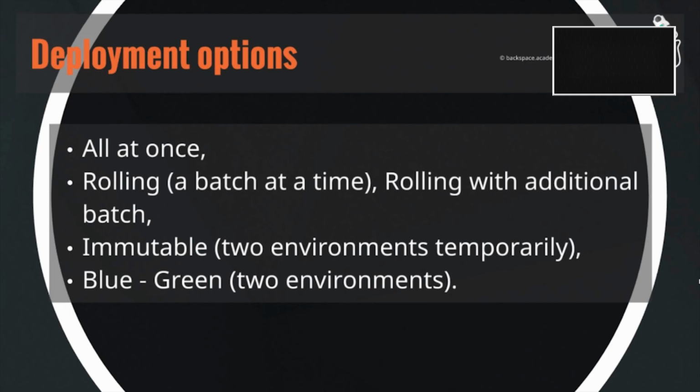You can also do a rolling with an additional batch. Again, if you've got 20 EC2 instances, it will temporarily increase to 22 while you're doing those 2 deployments across those 2 EC2 instances. That way you're still going to have your capacity at 20, which is what you have designed for.